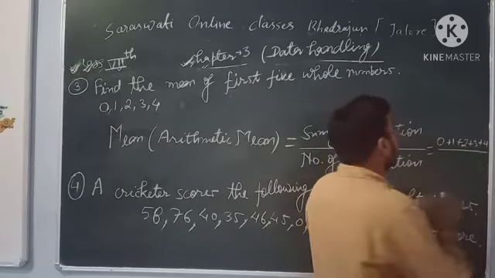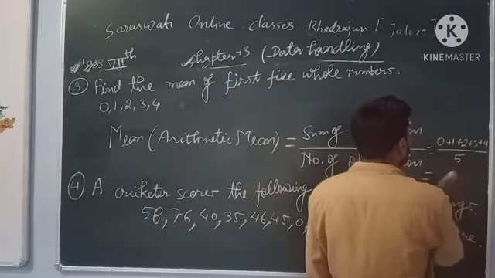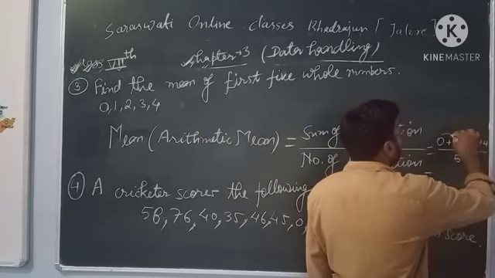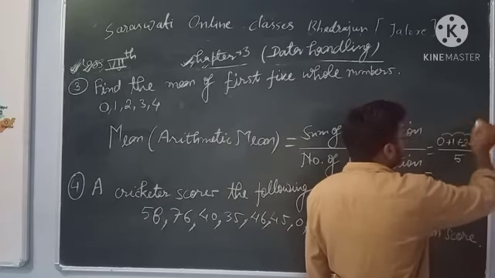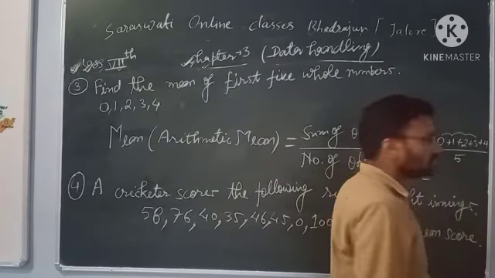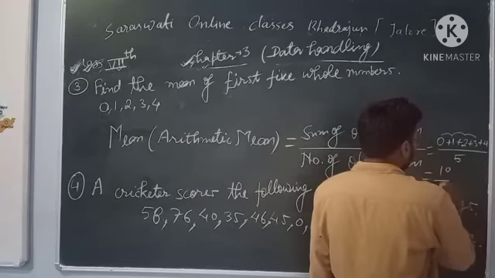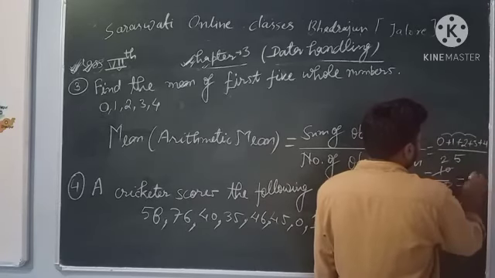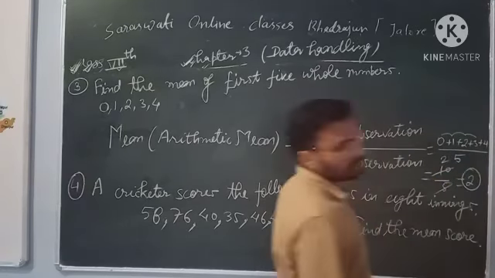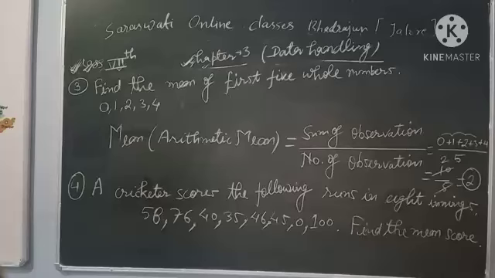The number is 5, so we will divide by 5. 0 plus 1 is 1, 1 plus 2 is 3, 3 plus 3 is 6, 6 plus 4 is 10. 10 upon 5 is 2. So our mean is 2 for the first 5 whole numbers. I hope now you all got what the arithmetic mean is. Mean is 2. Good.